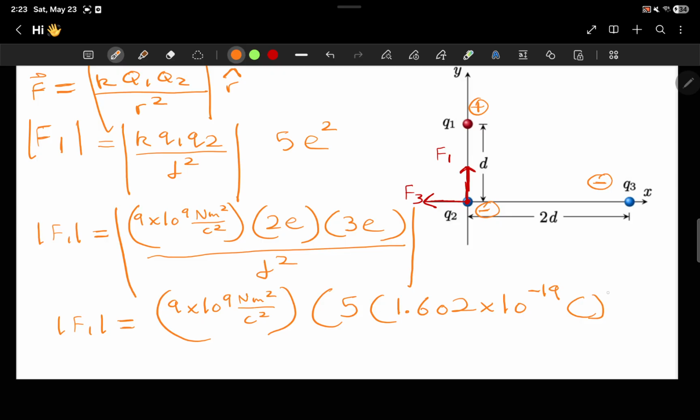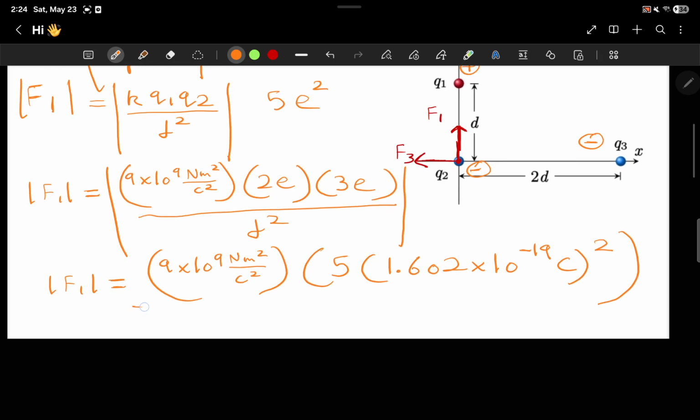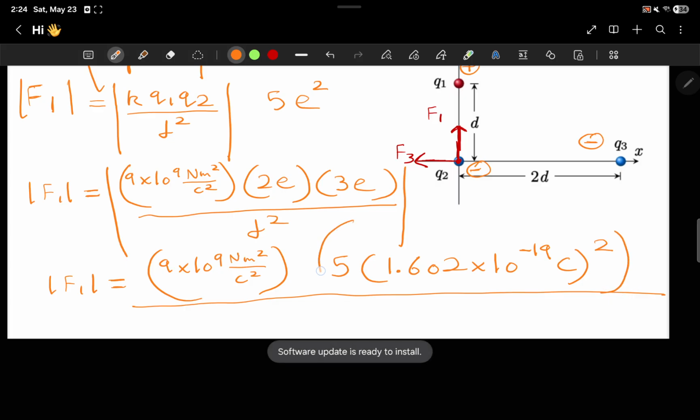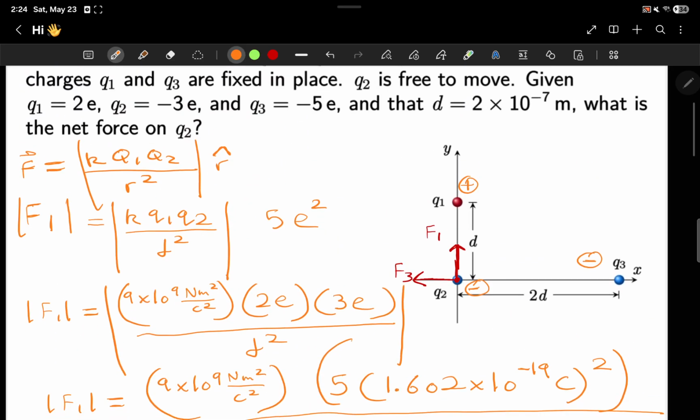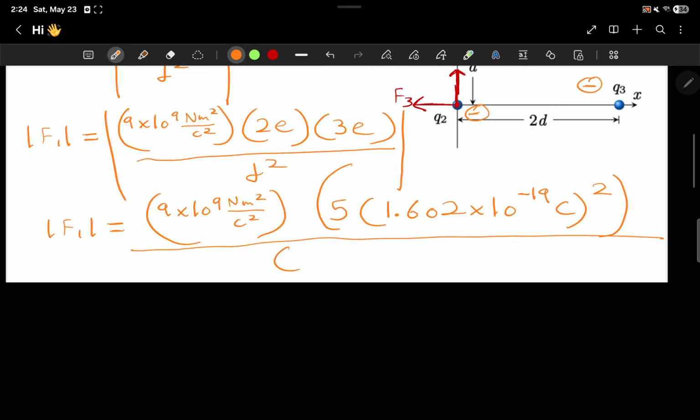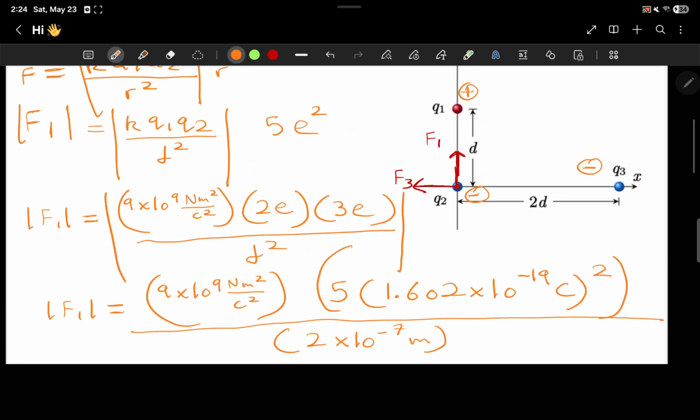And again, don't forget the squared. And then the distance between these two charges was 2 times 10 to the negative 7 meters. And now I'll plug this in my calculator.